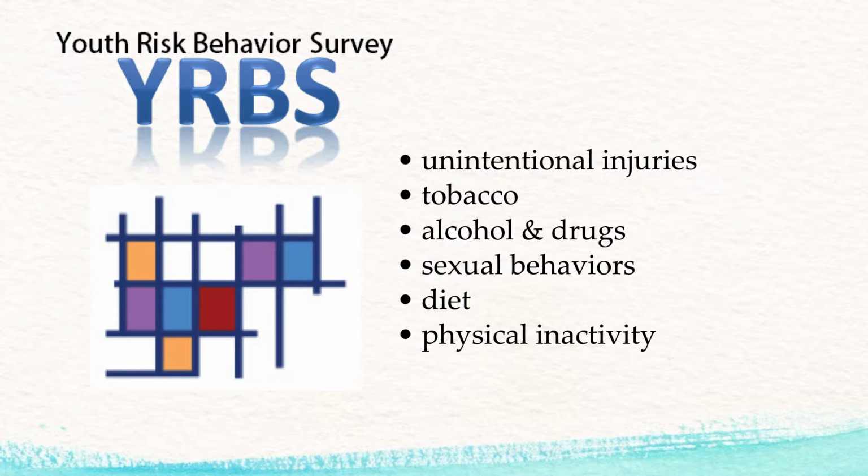This is conducted by the CDC, as I said, and large urban school districts can have their own variations. So if there's an issue specific to a state or a general area, this could be altered. The good thing about this is the data sets are readily available for states and at the national level.